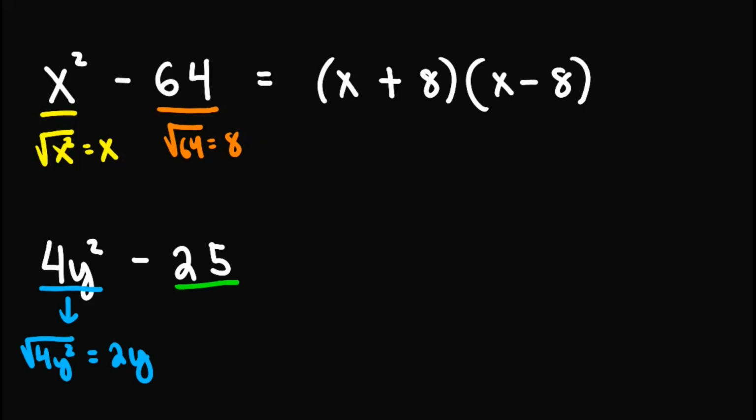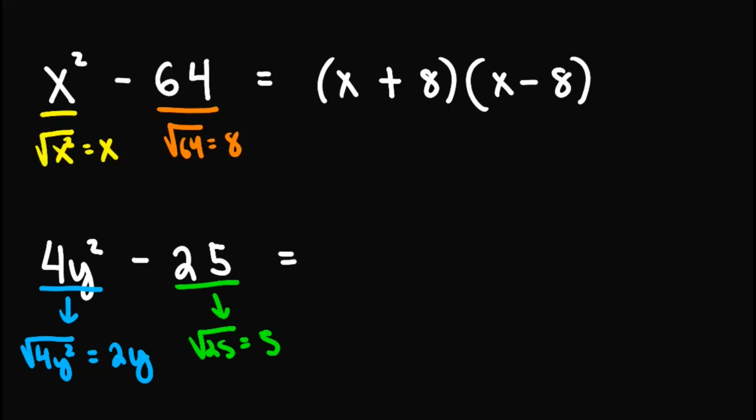For 25, note that the square root of 25 is equal to 5. So these two are perfect squares. Lastly, since the operation is subtraction, then we know that we can apply the difference of two squares method.